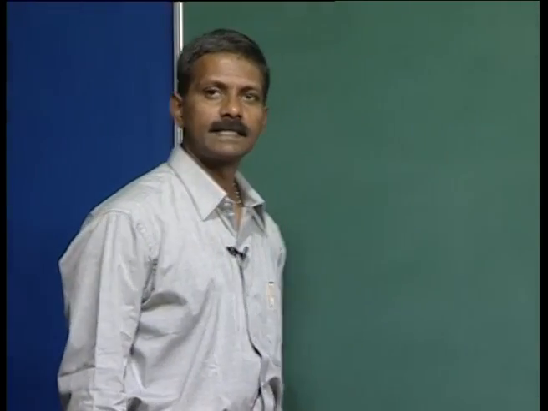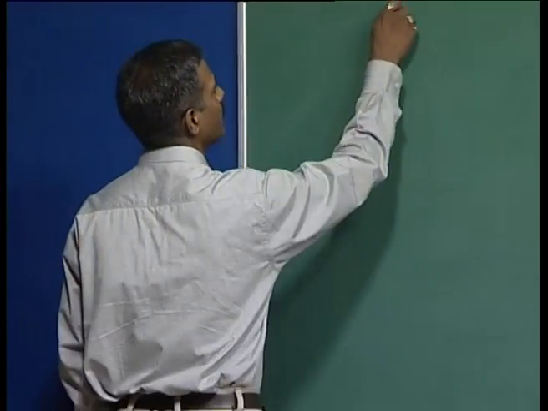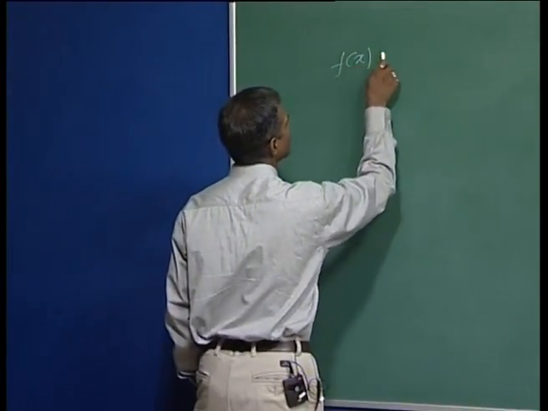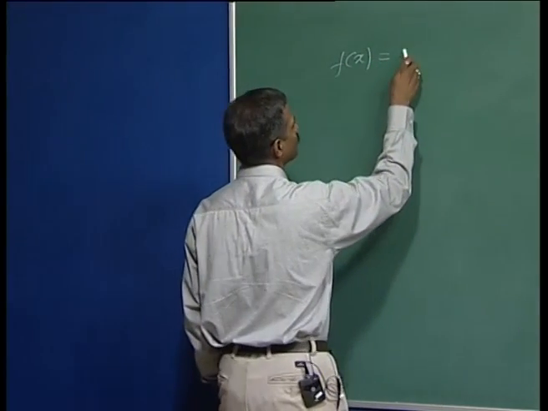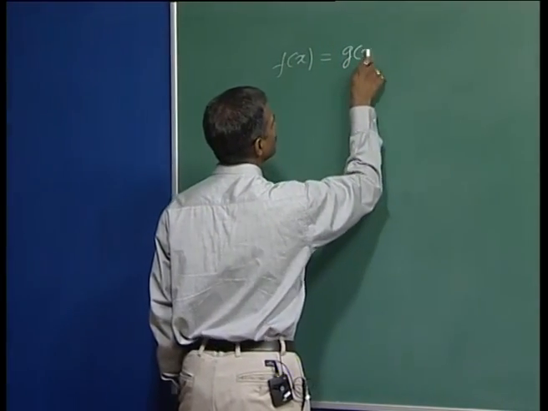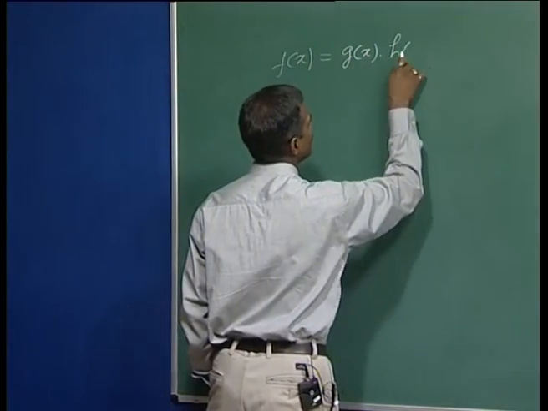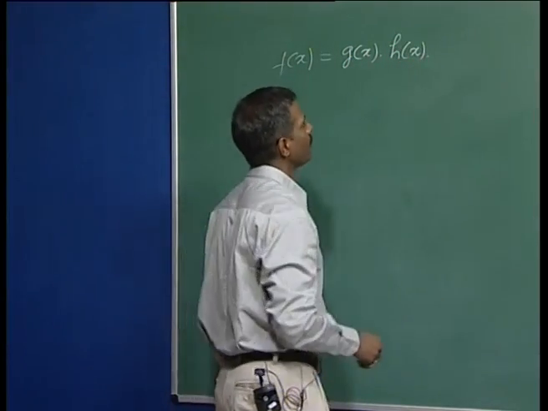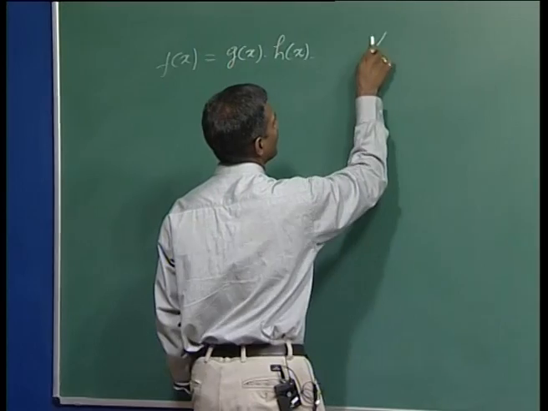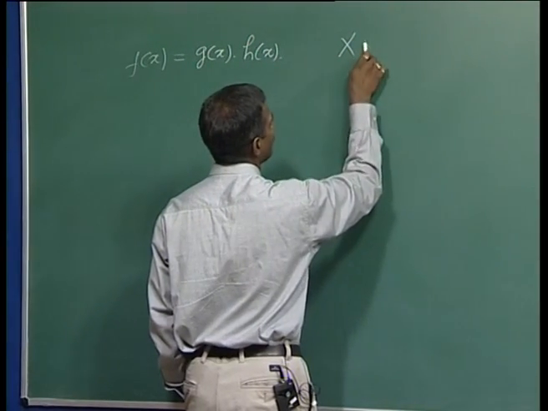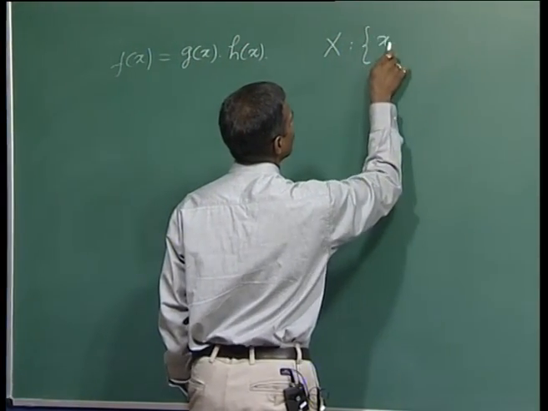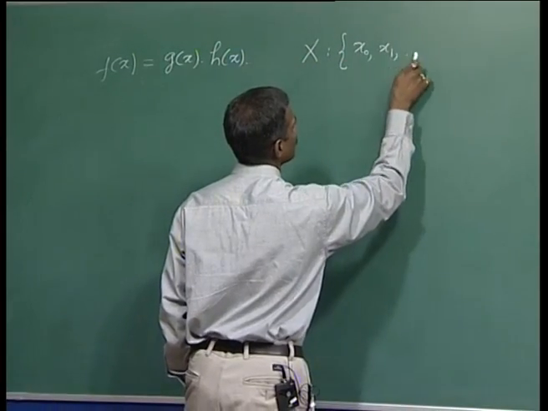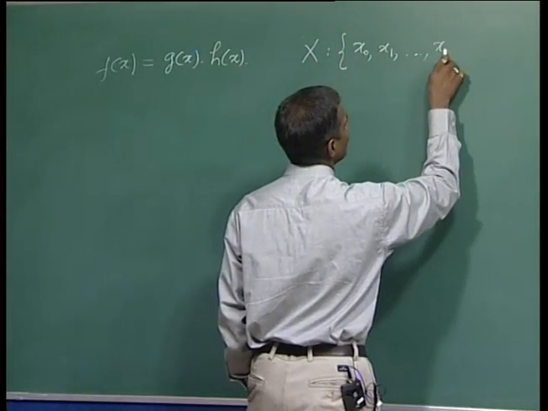Okay, so let's get started with the proof. We have a function f of x written as a product of two functions g of x and h of x, and then we have a set capital X of x values x0, x1 up till xn.